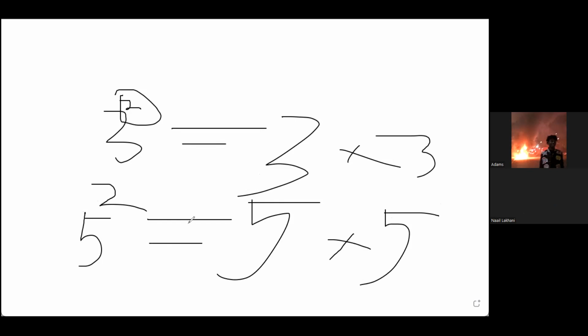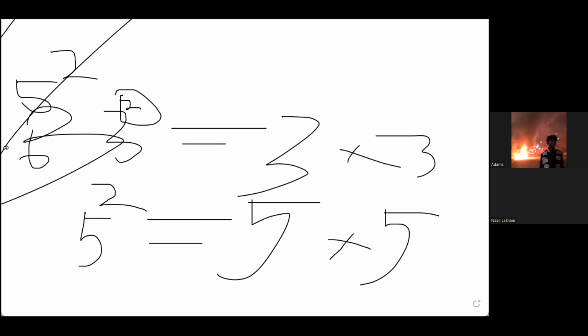These are examples, and you can only do it when it's squared to 2. If it's to the power of 3, it's going to be different. You can't have it squared to 3. It's cubed to 3.